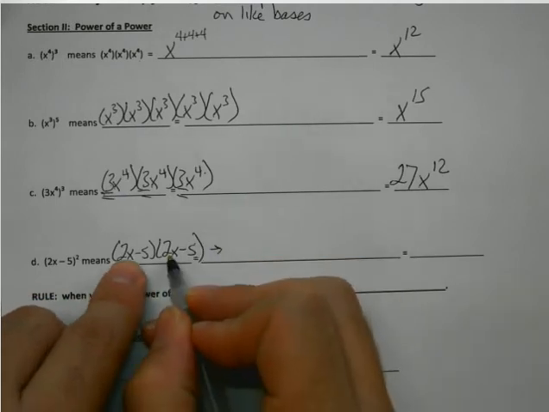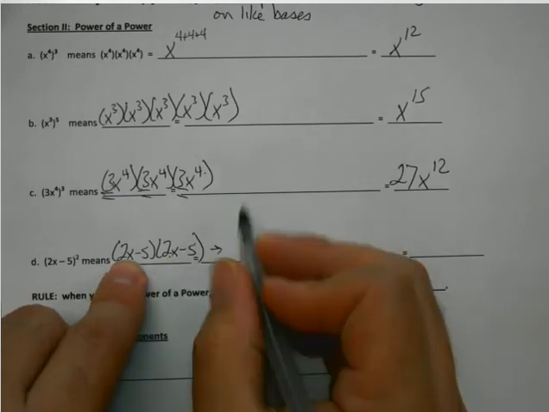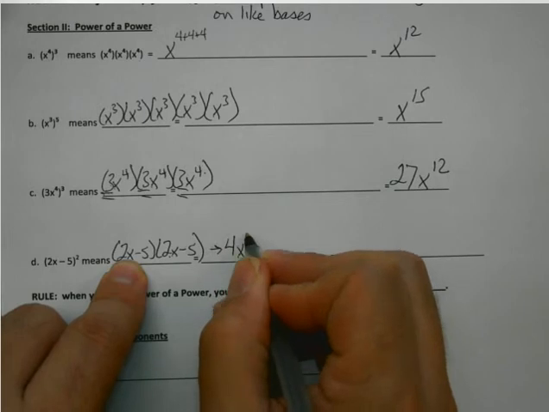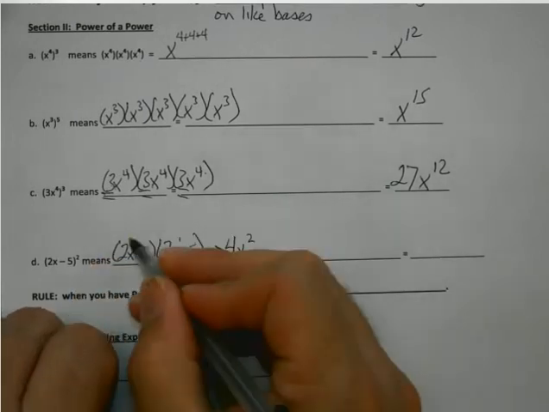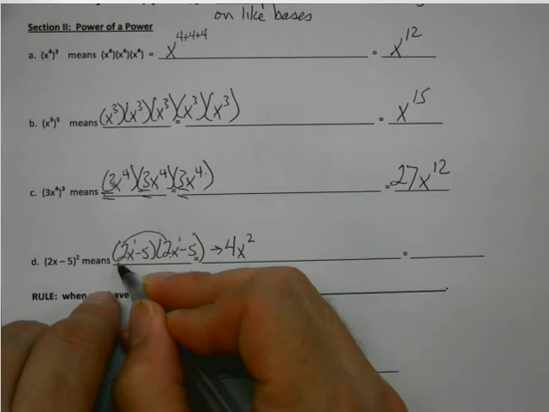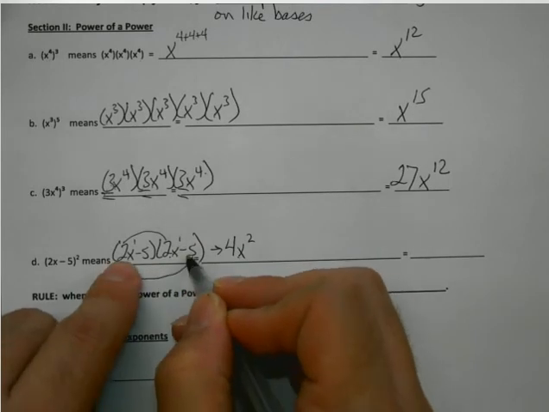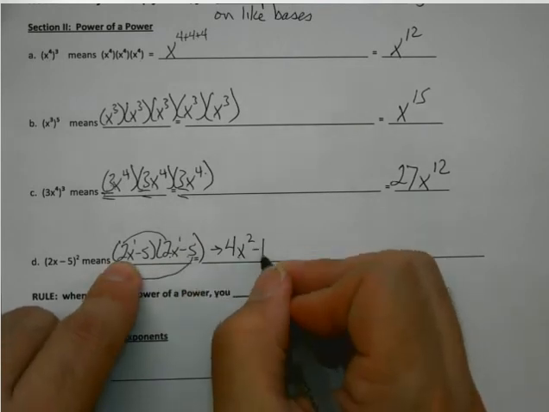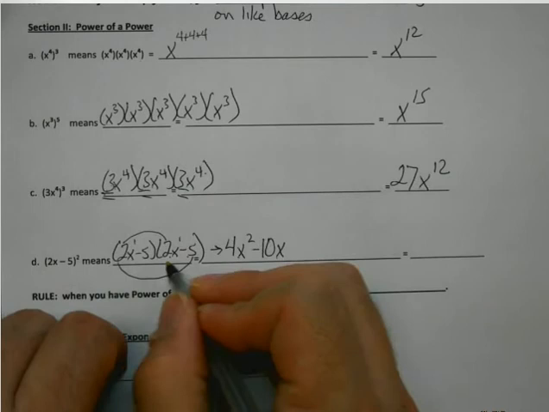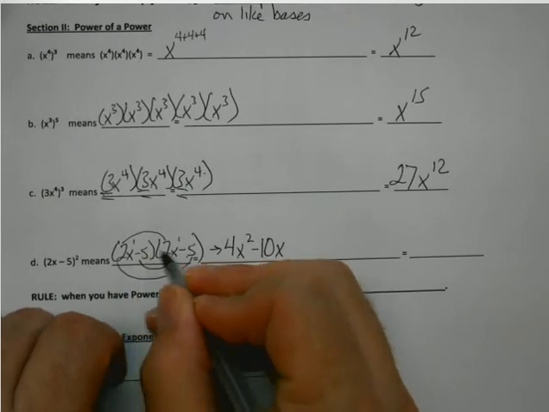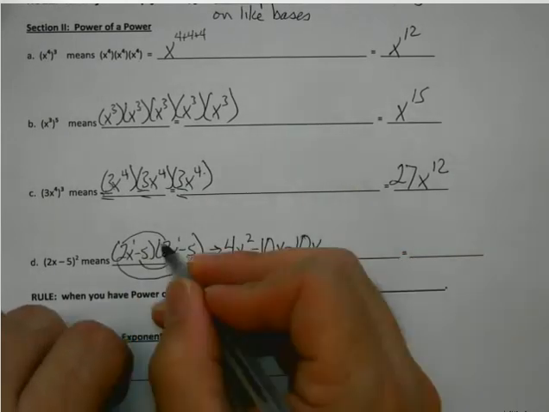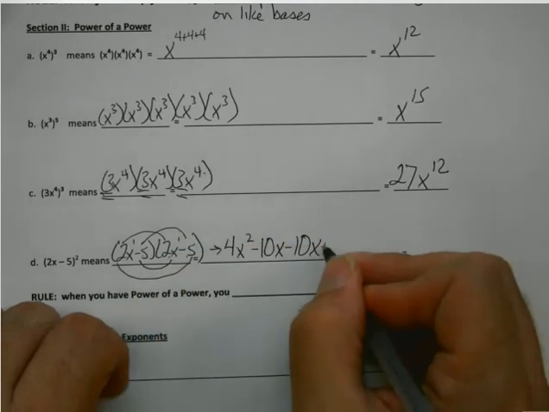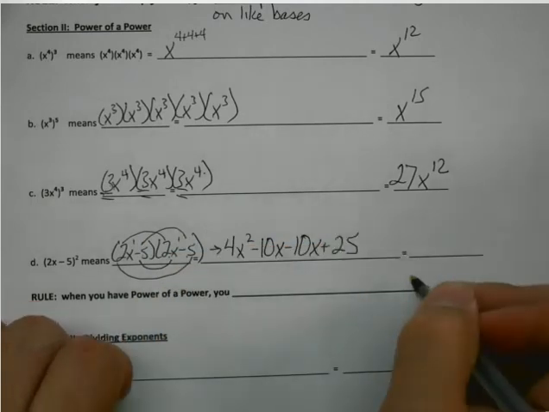So 2x times 2x is 4x squared, because again, I'd add the exponents. So there's my first. My outer, 2x times negative 5 is negative 10x. My inner is negative 5 times 2x, which is also negative 10x. And negative 5 times negative 5 is positive 25.